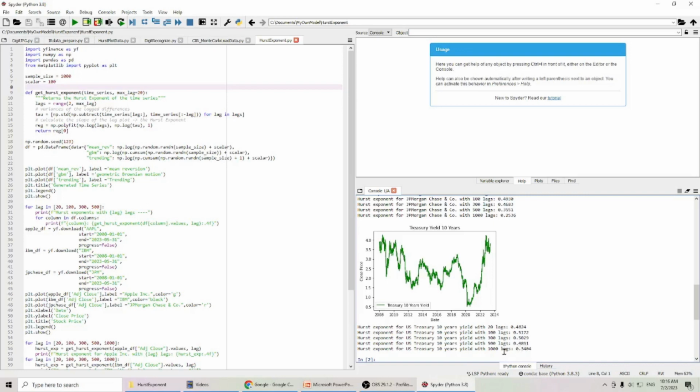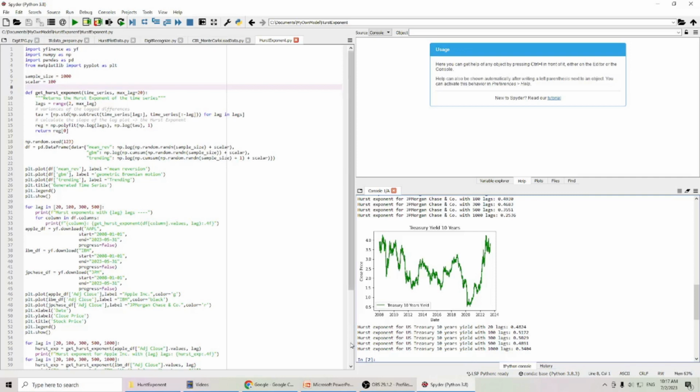So this means the US Treasury 10-year yield is mean reverting. But if you check this US Treasury 10-year yield with 100 legs or 300 legs, it is 0.5. You don't see the mean reversion pattern here.